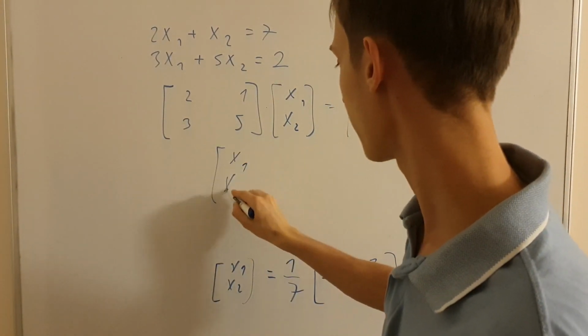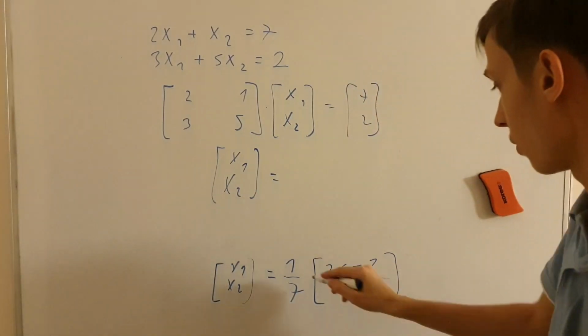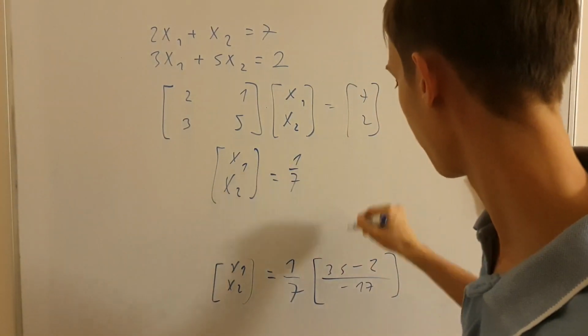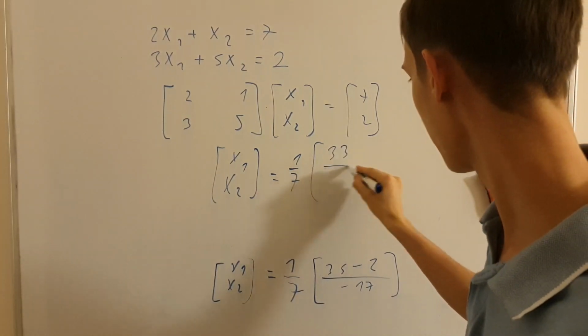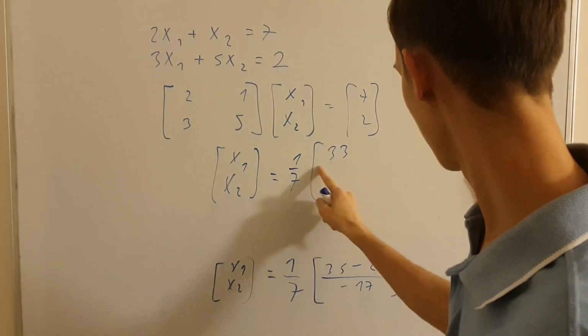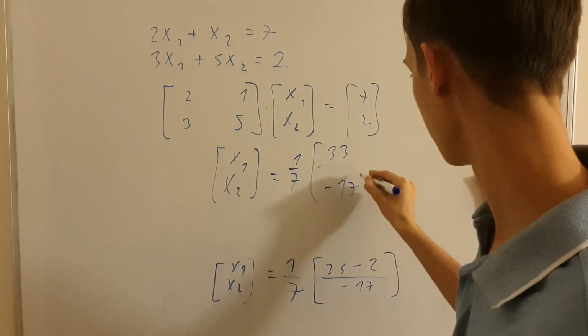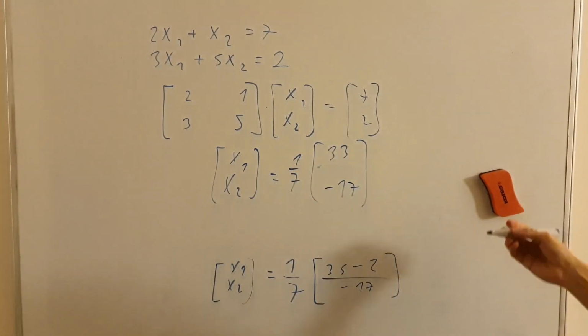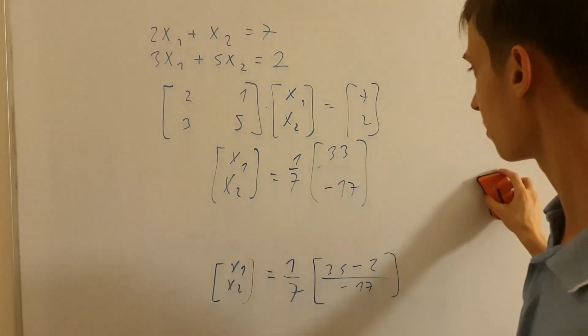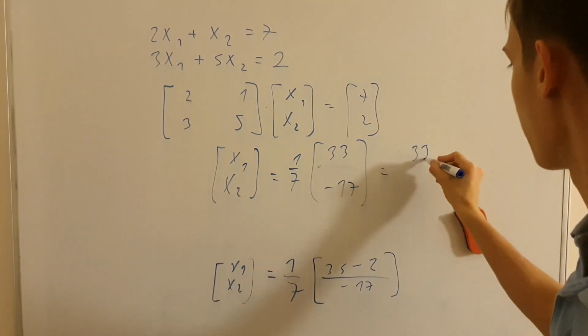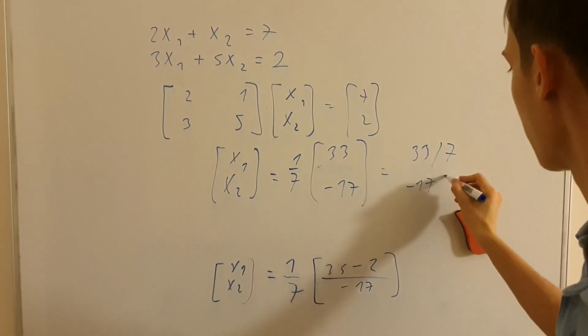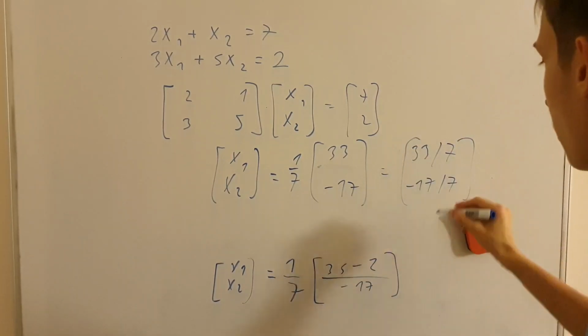So x1, x2 is 1/7 of this vector, which is 33, and the second entry is minus 17. Alright, so now this can be tested by plugging this back, and of course this is 33/7 and minus 17/7 as follows. This is the result of it.